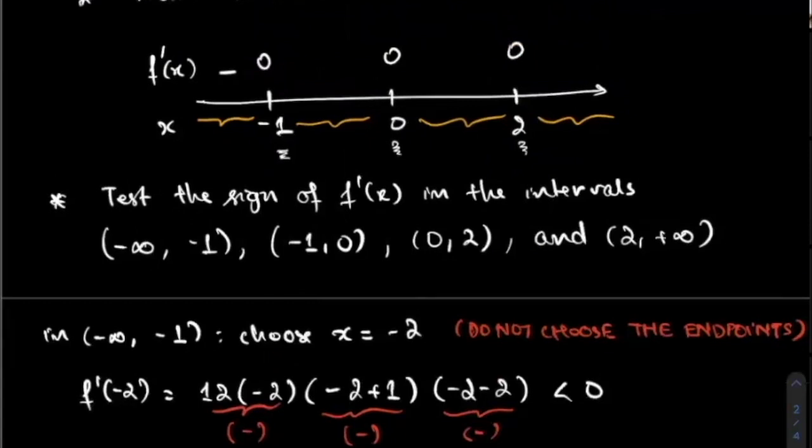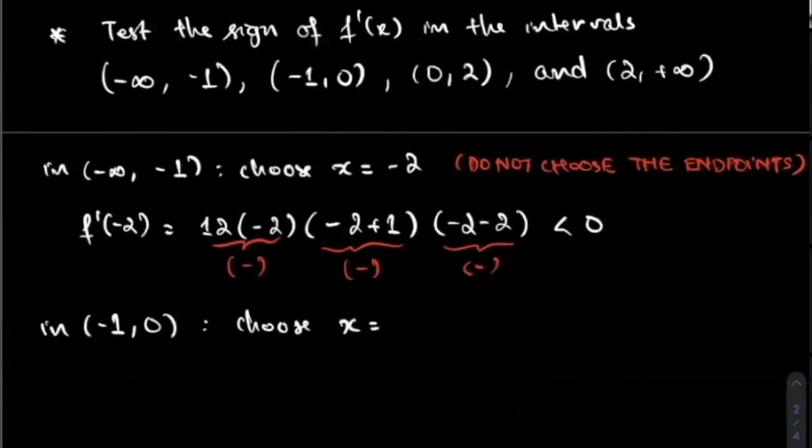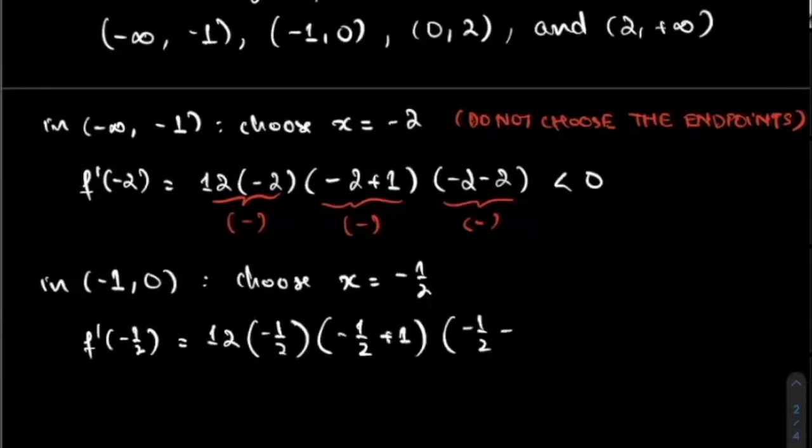Now between -1 and 0, choose any number; the easier to calculate, the better. I choose x equal to -1/2. Once again, do not choose the endpoints. So f prime of -1/2 is equal to 12 times -1/2 times -1/2 plus 1 times -1/2 minus 2.